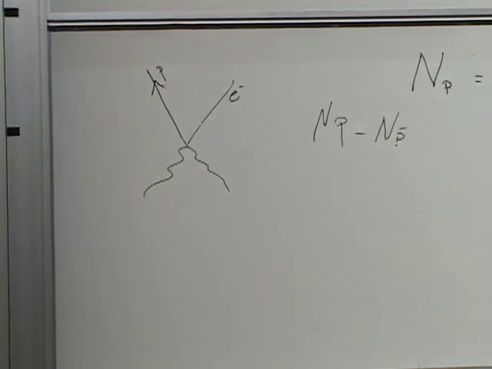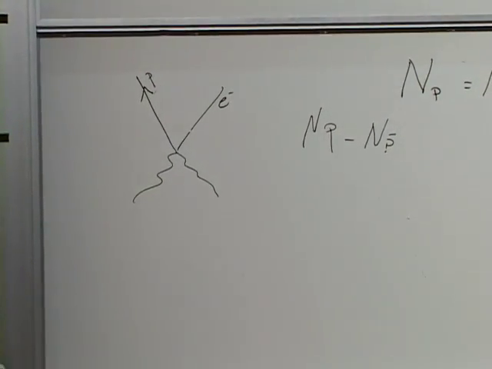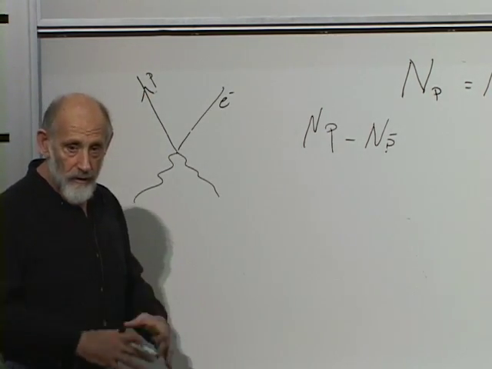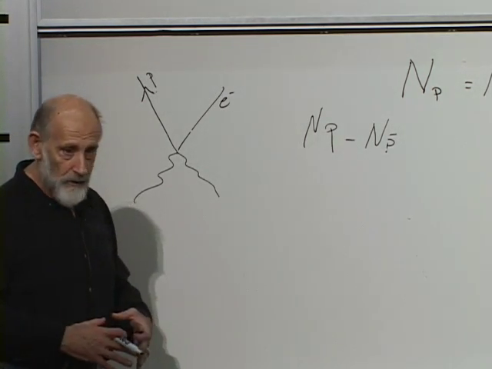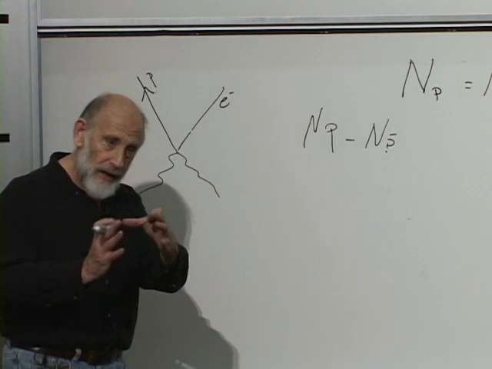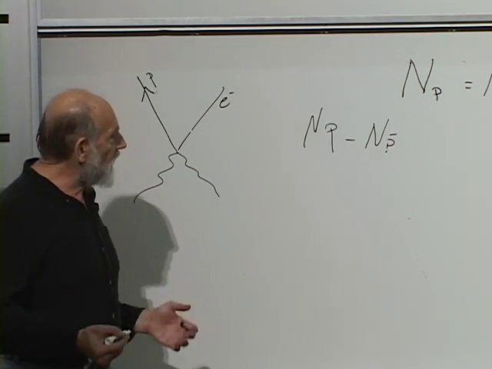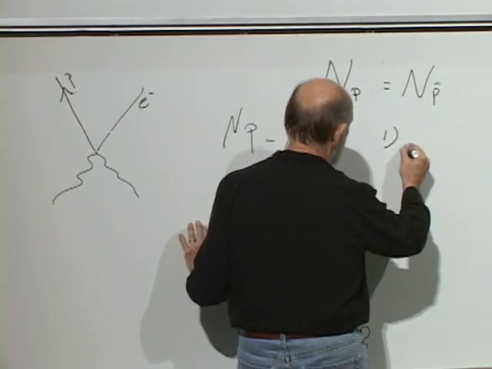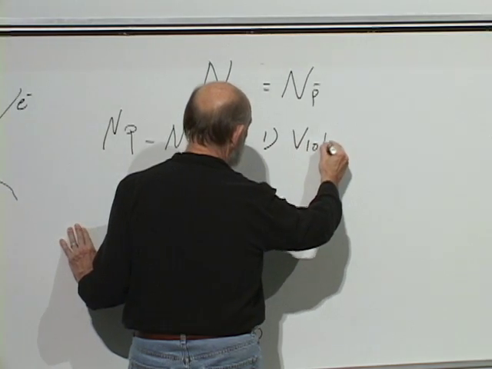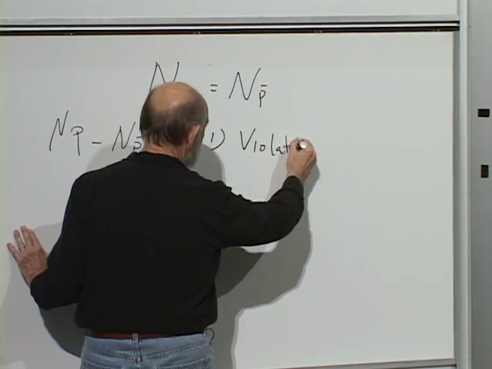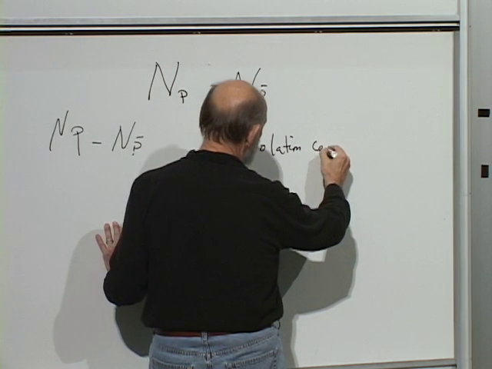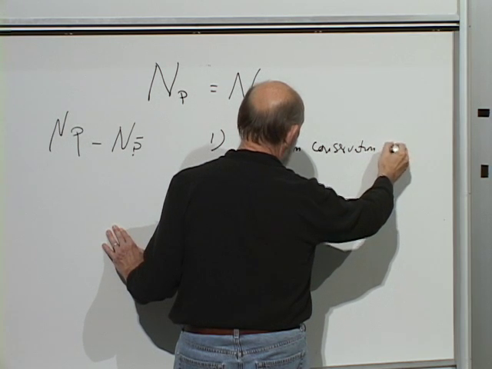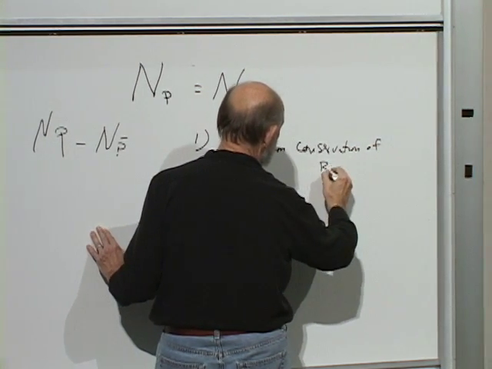But the first condition for a theory which starts out with equal abundance of particles and antiparticles to get shifted a little bit is condition number one, violation of the conservation of baryon number.